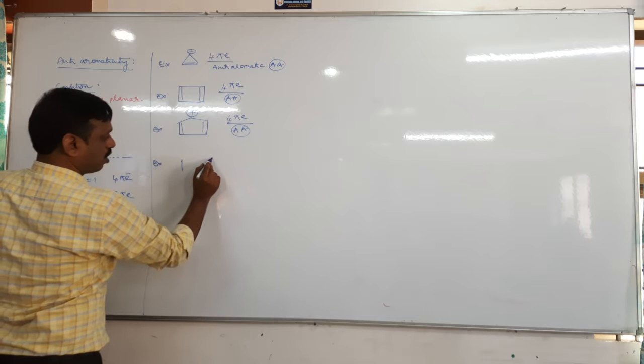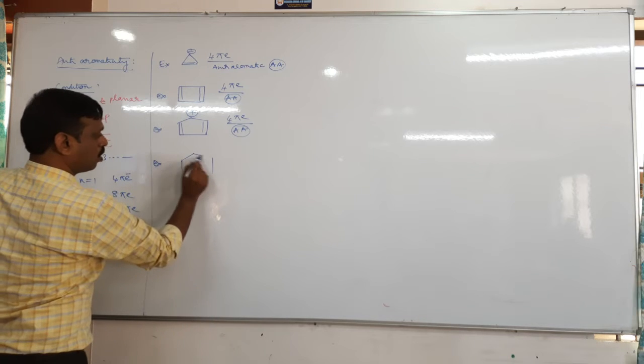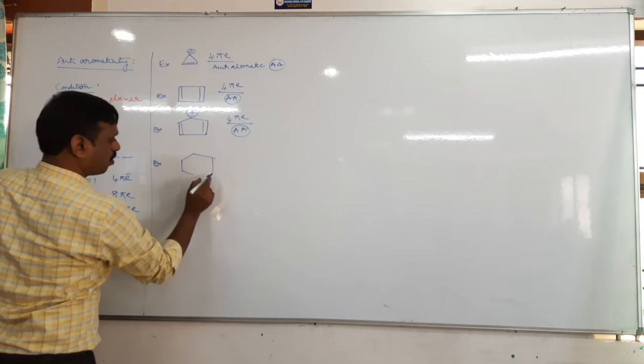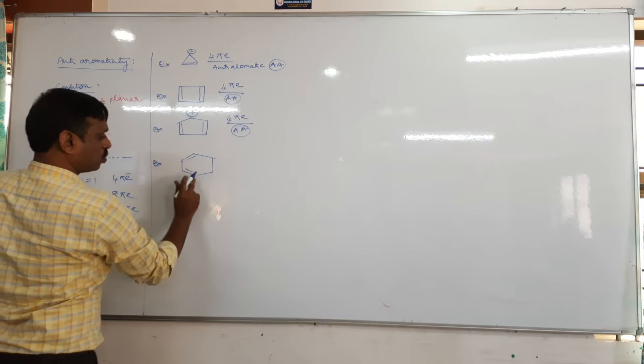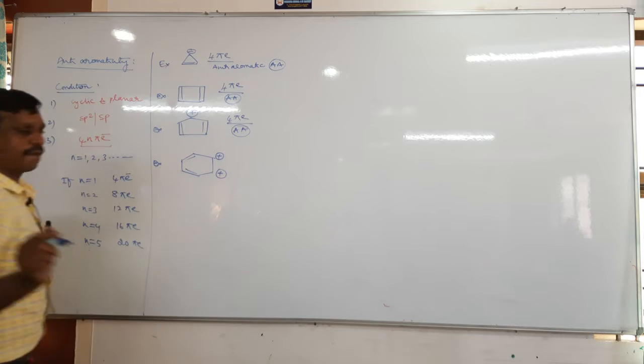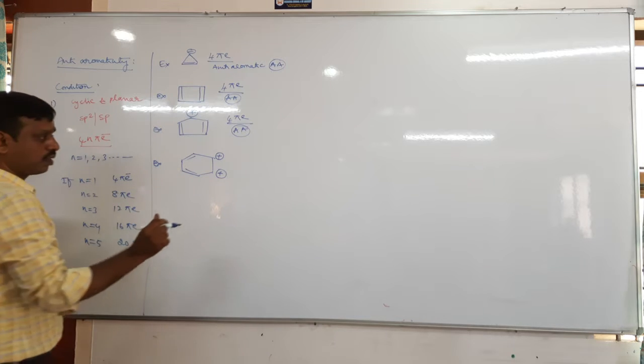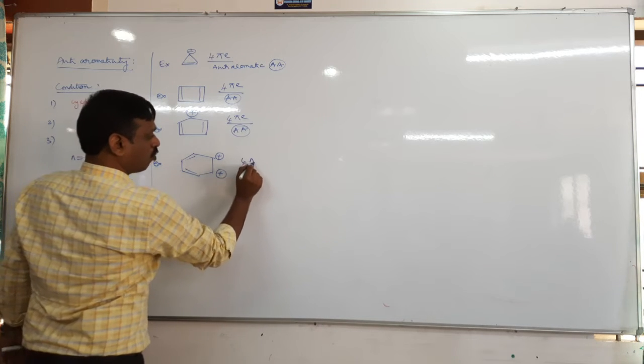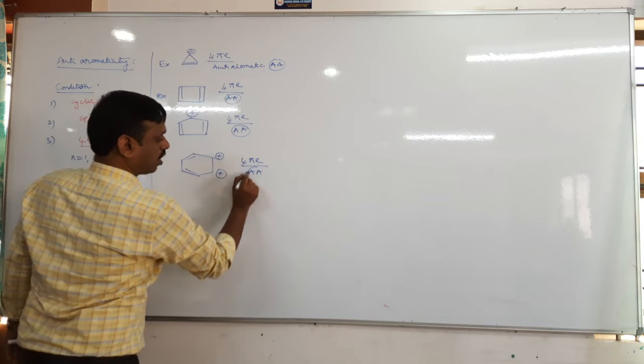Next, for example, let us take a 6-membered ring. How many pi electrons? 4 pi electrons, it is also anti-aromatic.